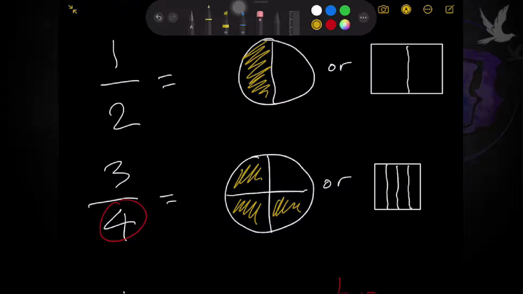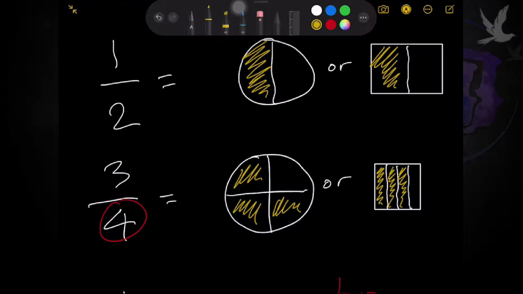So shading this other shape, we have 1 out of 2. In our next example, 3 out of 4. So that's 1, 2, 3 out of 4.